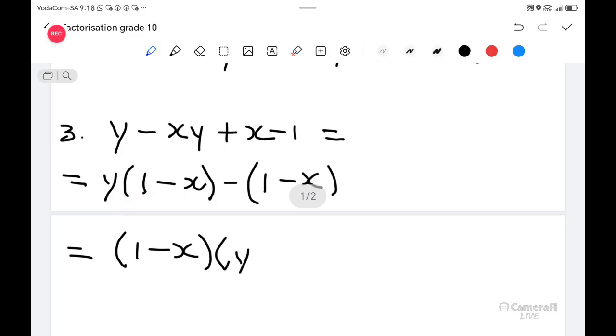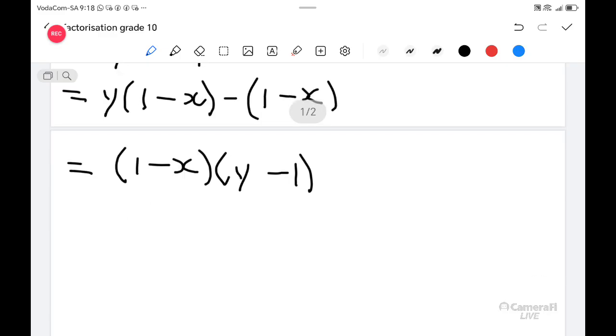Then you will write y. And then if we take out this expression, it is the only thing that we have here, it means you are left with 1, which means it's going to be -1. So we are done. So please do number 4 for me.